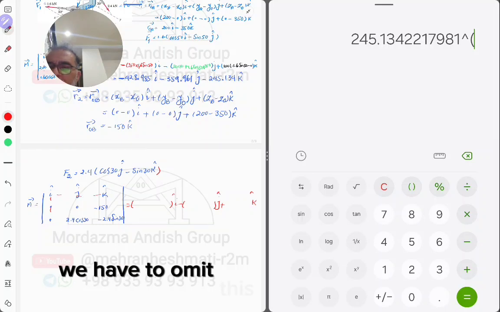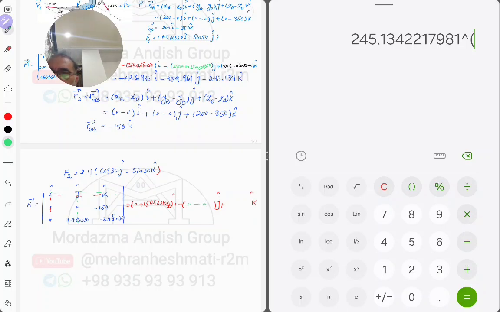We have to omit this column and the row, so 0 plus 150 times 2.4 cosine of 30, and the next 0, 0 minus 0, yes, 0 minus 0, and the last one 0 minus 0.